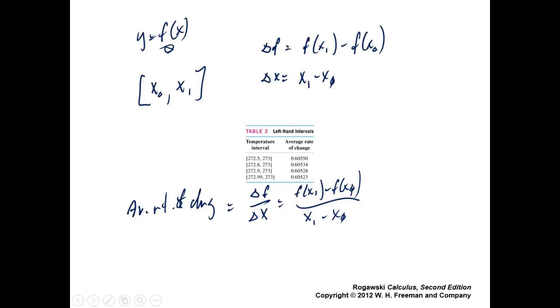Average rate of change. Now, if we want to take the instantaneous rate of change, here's what we do.